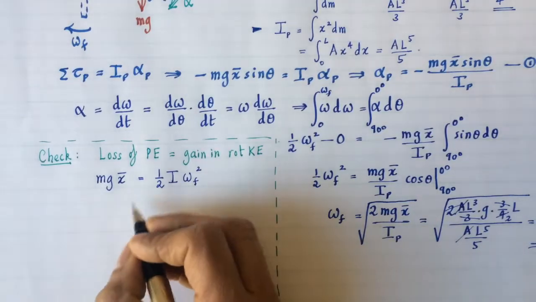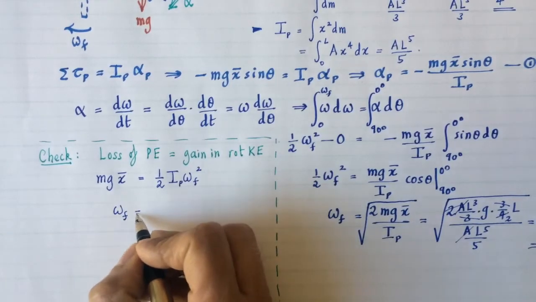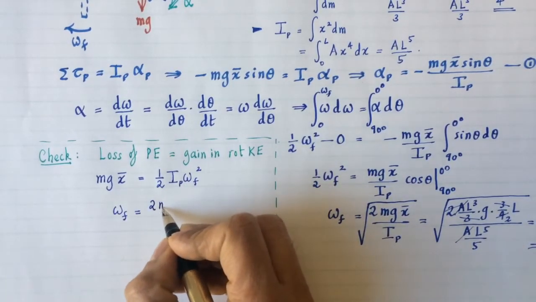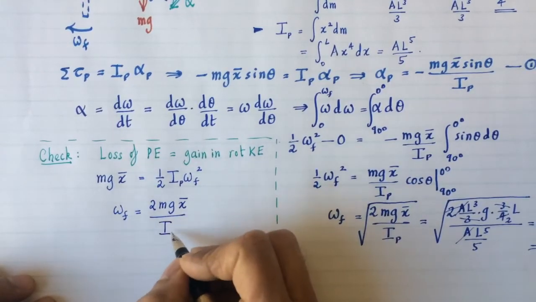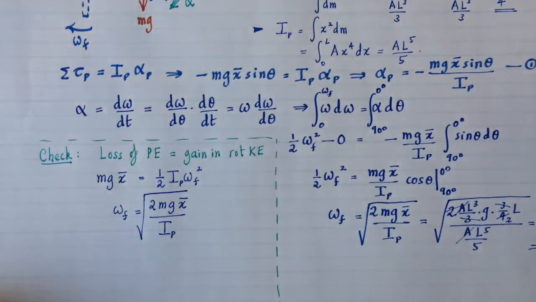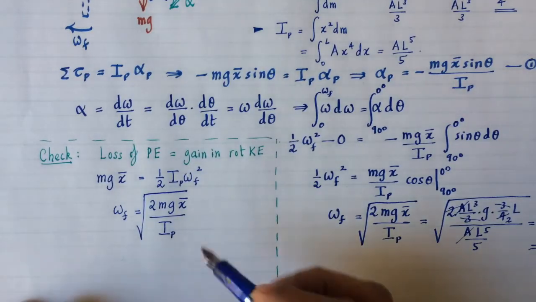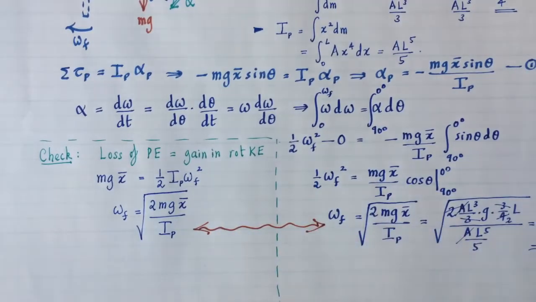If you take the square root, this is I sub p. I get omega f equals square root of 2 mg x bar over I sub p, which you will notice is precisely what you had here. So the two answers match up, and all is well with the world.